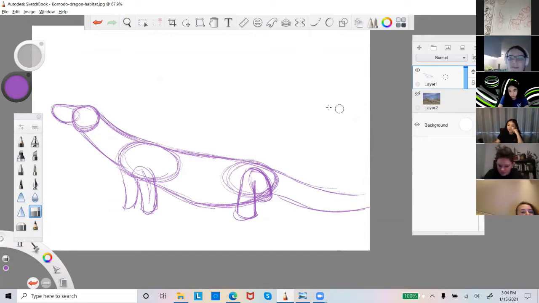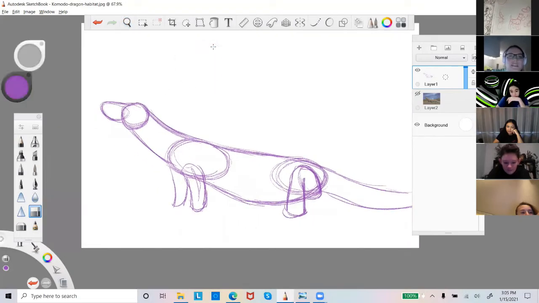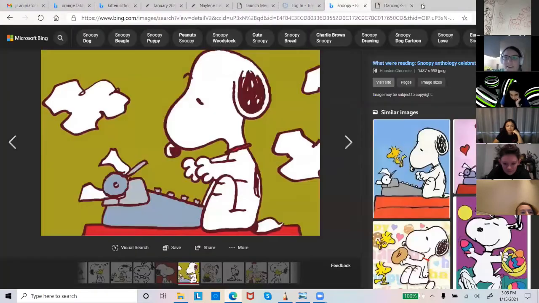Okay. Hopefully this is helping you guys as you figure out how to simplify animals. Were there any animals that anybody wanted to see broken down? I haven't been watching the chat. A bandicoot? Bandicoot. Let's see what we get.